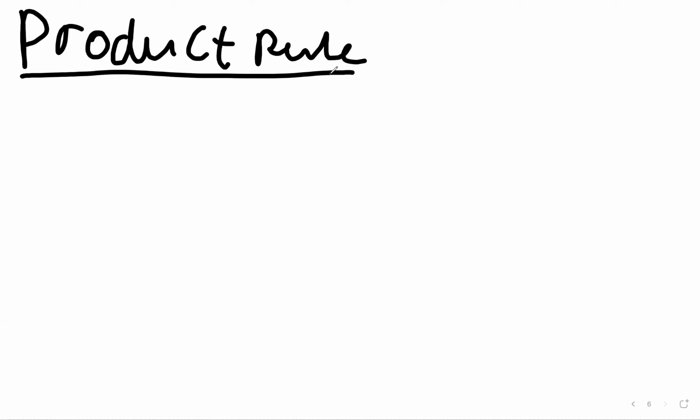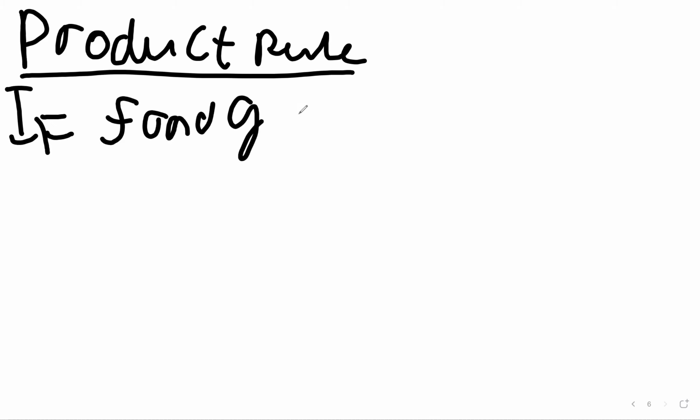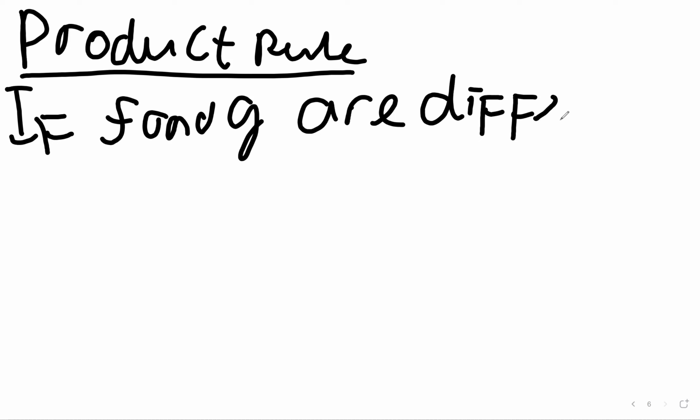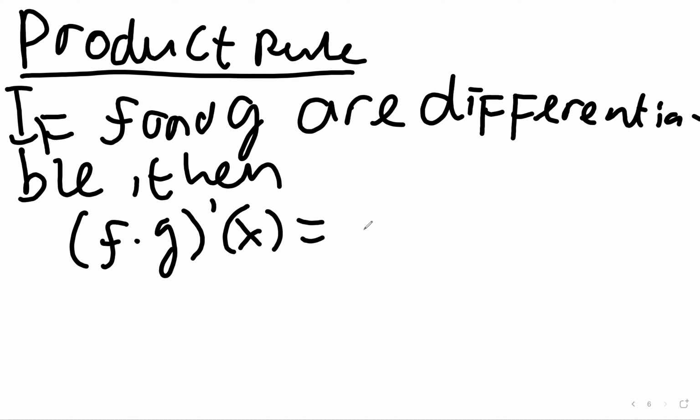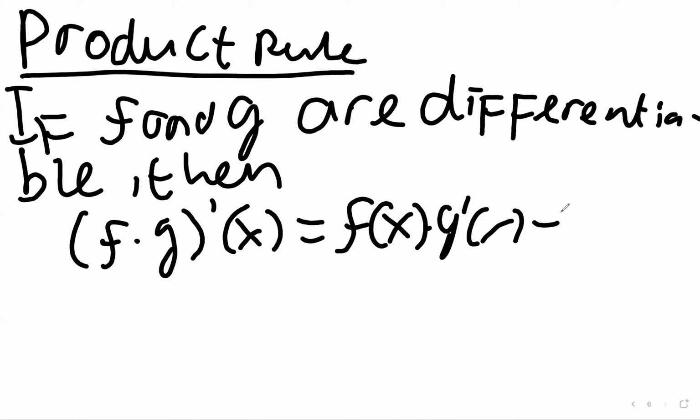If f and g are differentiable, then the derivative of the product of f and g equals f of x times g prime of x plus g of x times f prime of x. That's the product rule.